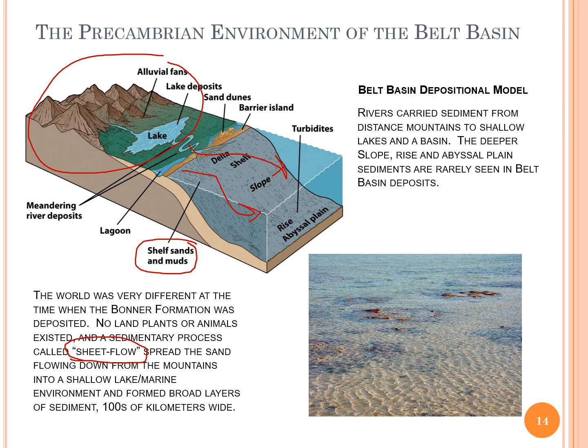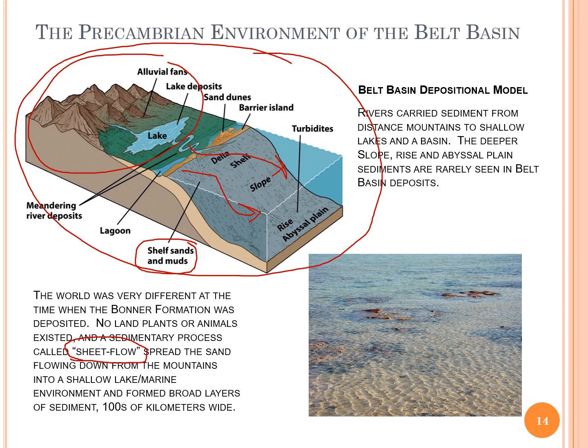It would not contain a lot of the areas here I show in this upper left-hand diagram where the characteristics of the river flowing down from the mountain might have oxbow and meandering characteristics, or where the lake might be constrained by vegetation. A lot of those things would be very different when the Bonner Quartzite was forming 1.5 billion years ago.